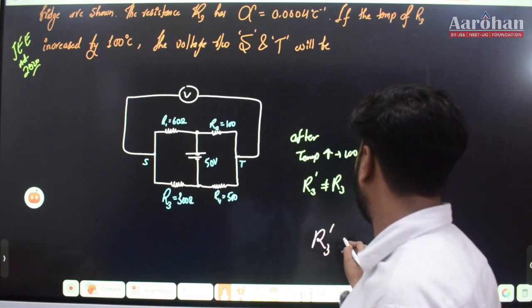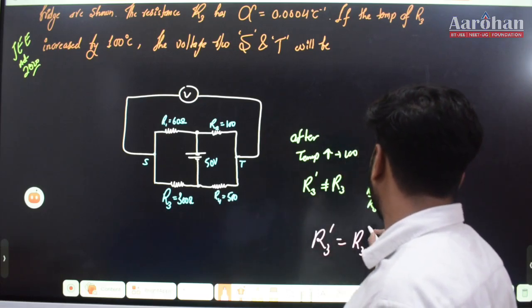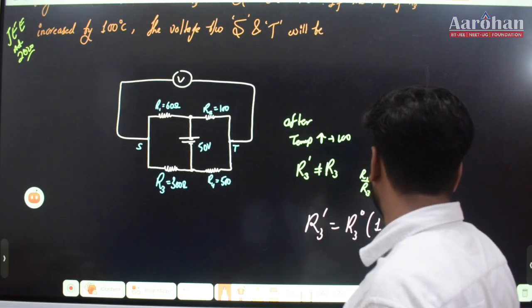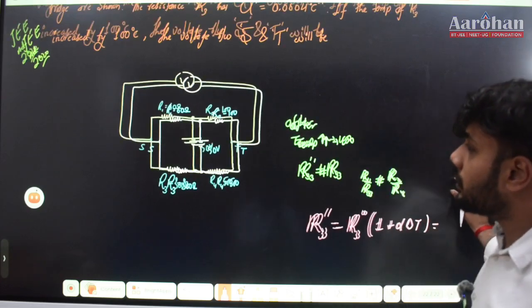And let's calculate the new R3. The new R3 will be the original R3 times 1 plus alpha delta T, that's the new resistance.